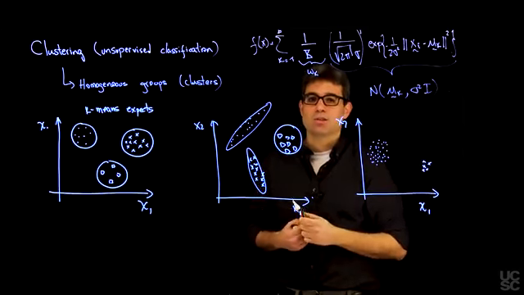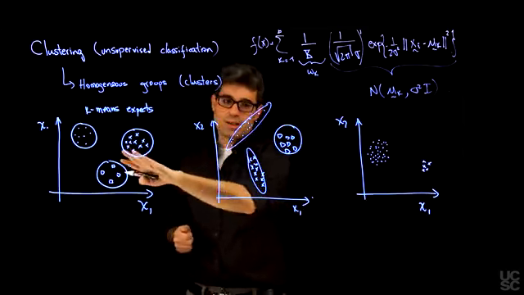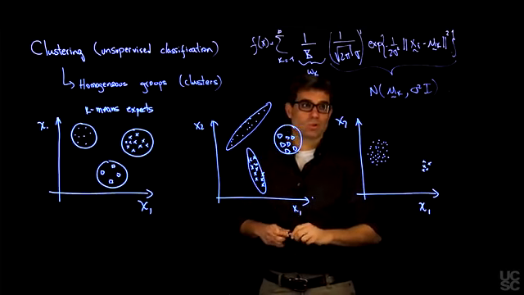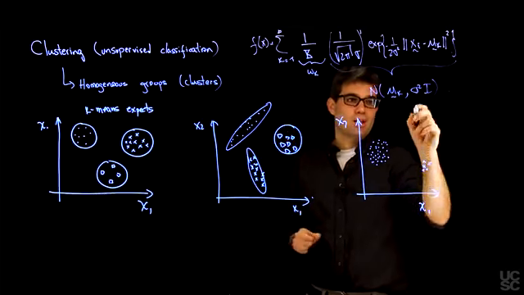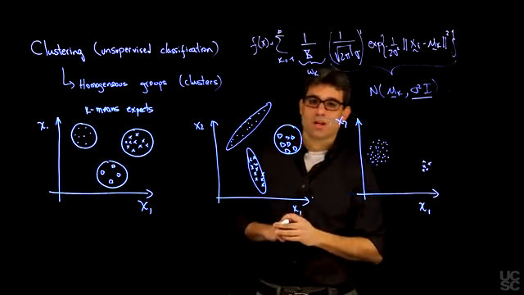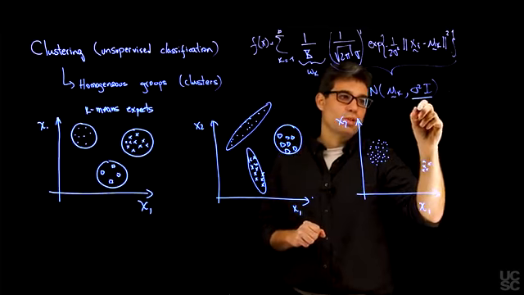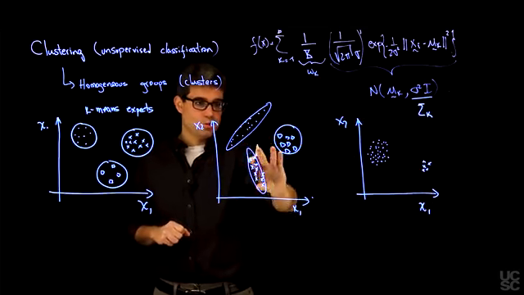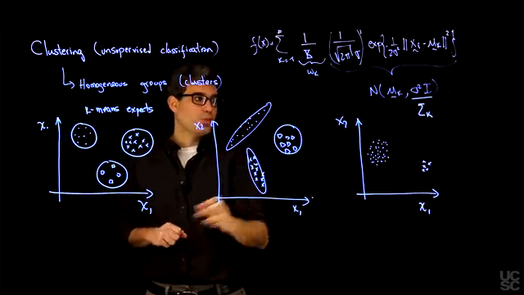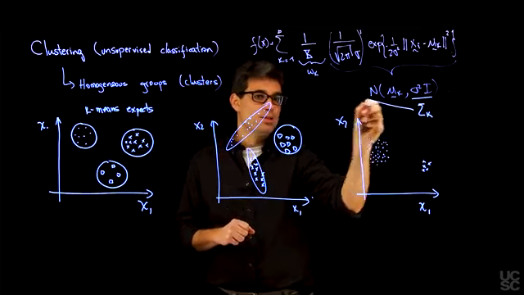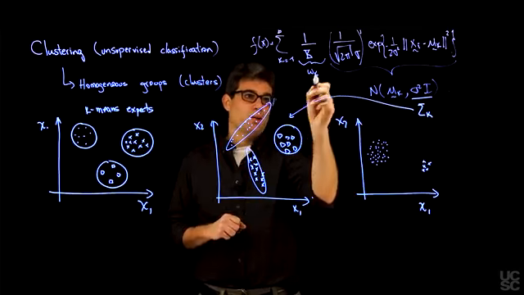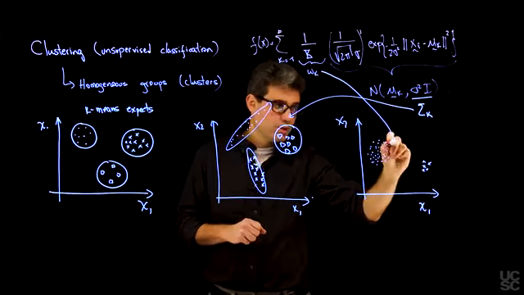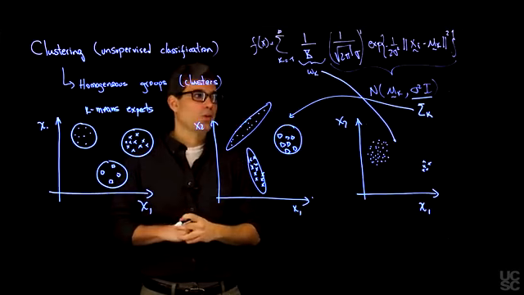So by casting k-means clustering in the context of a mixture model, we can see clearly what the shortcomings are, and obviously we can see clearly how to deal with those shortcomings. For example, if instead of working with sigma squared times the identity matrix, we work with a general matrix sigma k here, we allow the components to have different shapes. So that would be a way to deal with this problem. And then by working with these more general weights, omega k rather than 1 over k, you can deal with this problem down here.